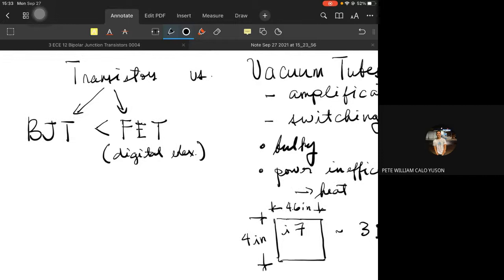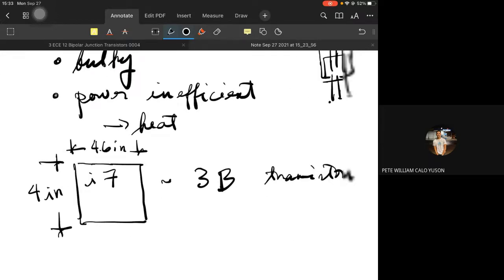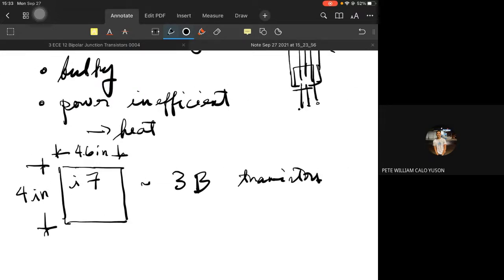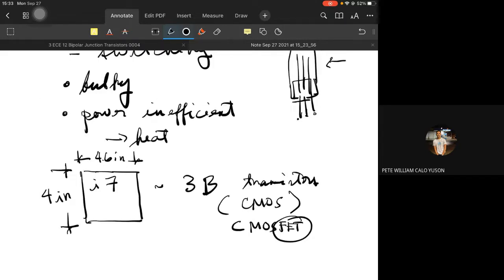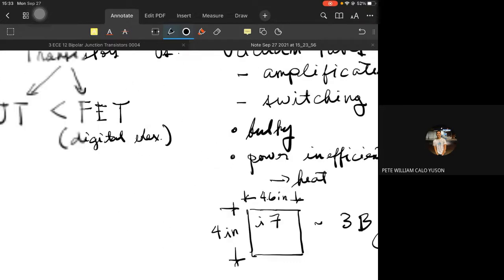The transistors that the Core i7 is made of are CMOS transistors. CMOS is short for complementary MOSFET. So it is FET in CMOS, not BJT.